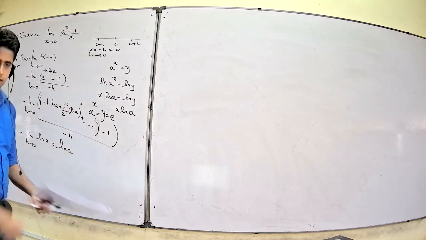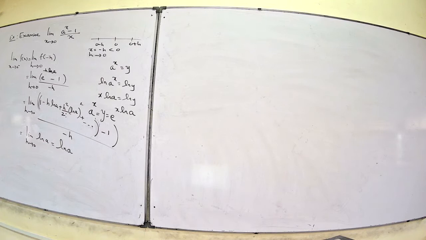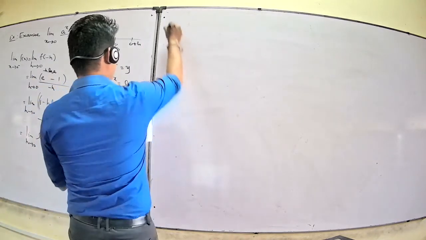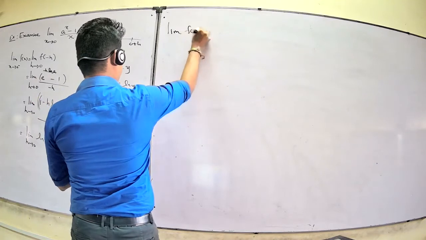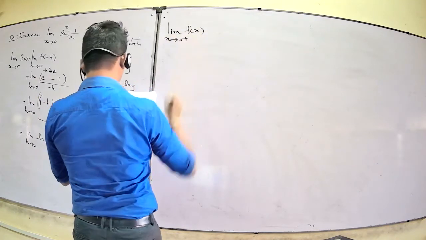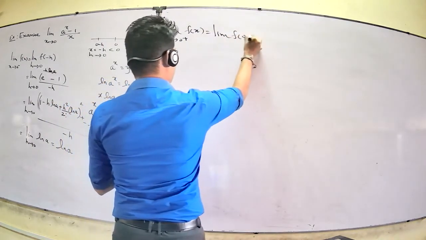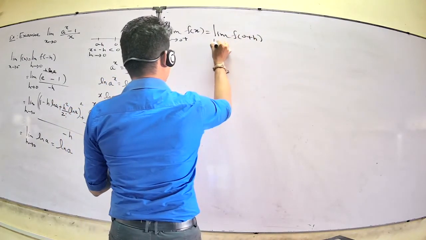Similarly, for the right limit, limit of f of x as x tends to 0 plus, h tends to 0.